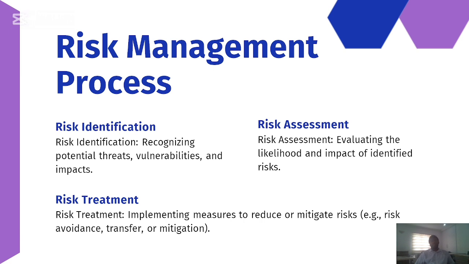So you first identify it, recognize it, make sure that it is there. Then you assess it to make sure that it's true and not a false alarm, because some risks can be false alarms. So you want to know that this is a real risk, and this is what is going to impact our business if we don't mitigate it immediately, if we don't treat it.